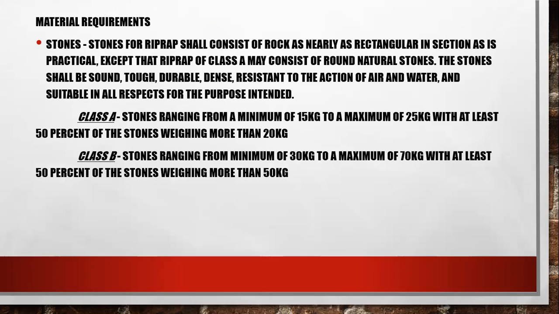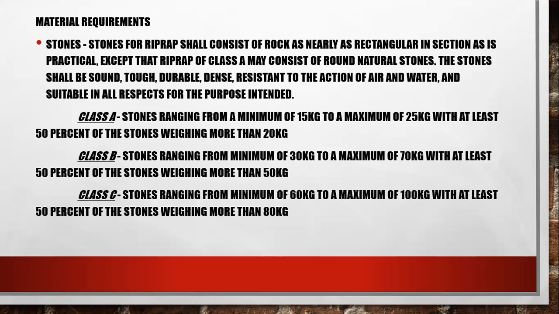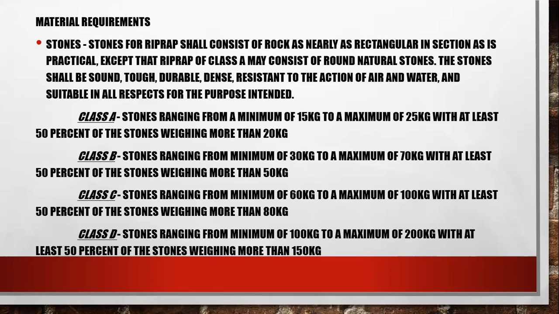Class B: stone ranging from 30 kilograms to 70 kilograms. Class C: stone ranging from 60 to 100 kilograms, with at least 50% of the stone weighing more than 80 kilograms. Class D: stone ranging from 100 to 200 kilograms.